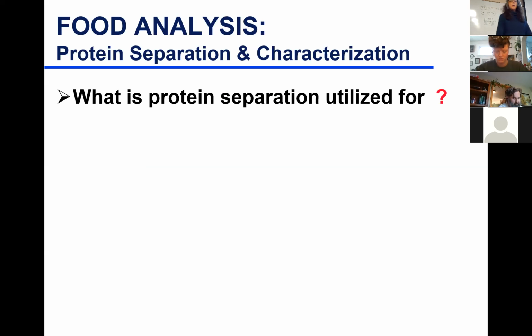Now, before I talk about different protein separation, why do we care? That's the theme question I always ask you. Why is it important, or why do we do protein separations? Why do we care about separating proteins from a mixture of proteins? Yes.